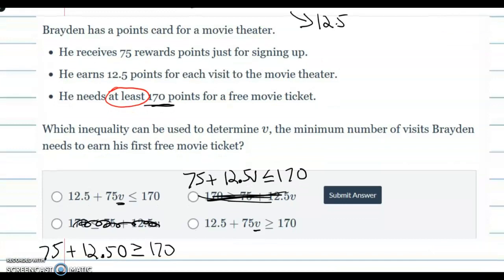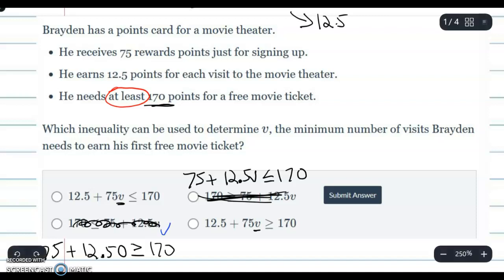So it's either this one right here, this one here, or this one here, right? But we got to pick the one that has the, and I left the V off of this. Should be V here.